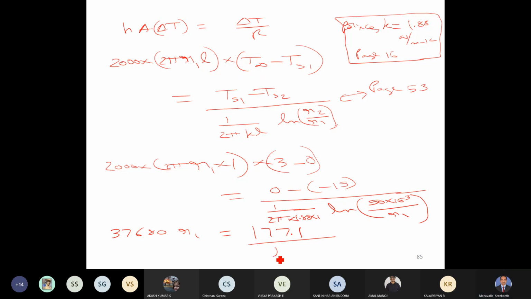divided by. So you can see that we have one equation in R1. Left hand side we have R1, right hand side also we have R1, but it's inside the logarithm. You can try to simplify this a little bit further.